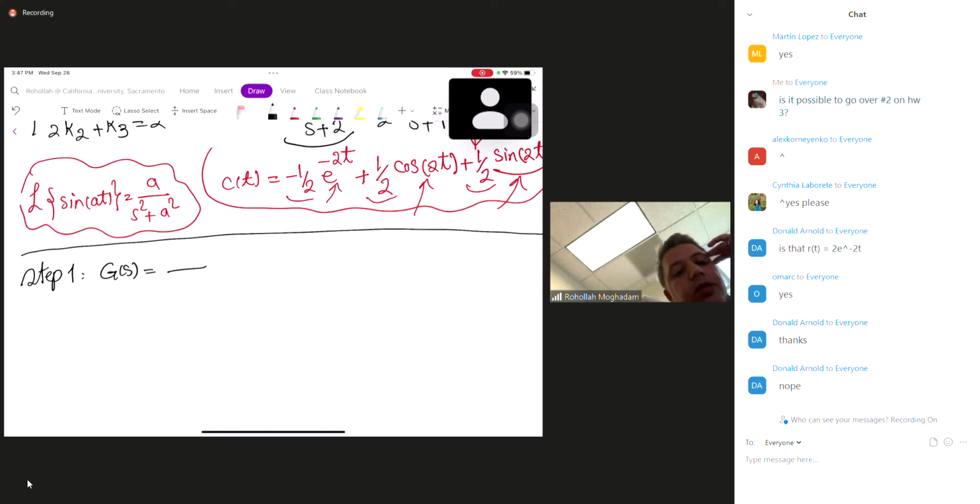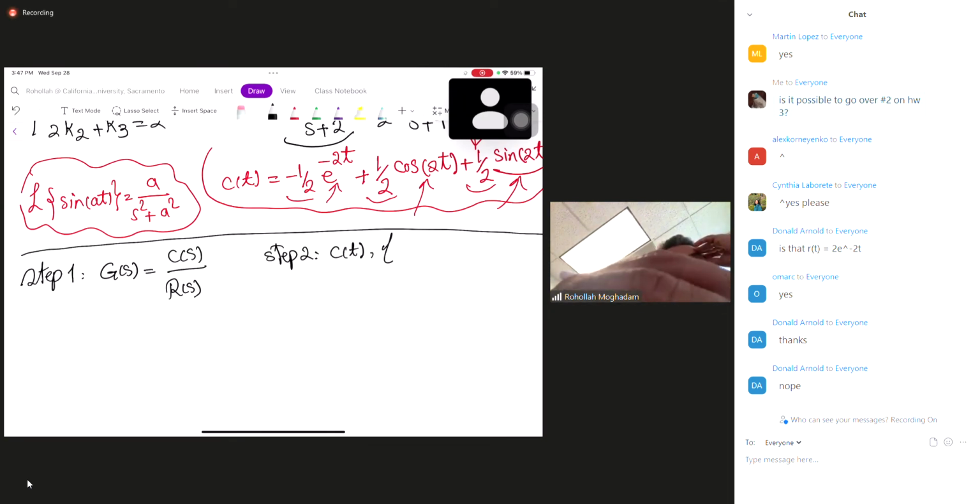Which is C of S over R of S. Now, step 2, you will have the same thing for your exam 1. Step 2 is to find C of t if R of t is some signal like U of t, e to the negative t, or sine of t, or whatever. Step 2 is to find the system response when some specific input is given.